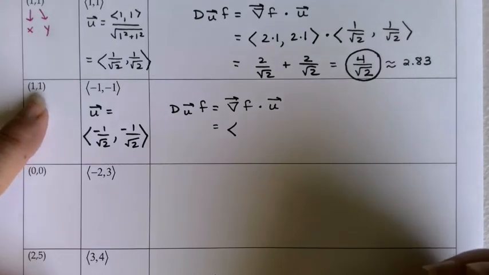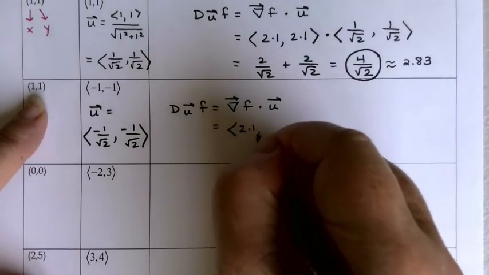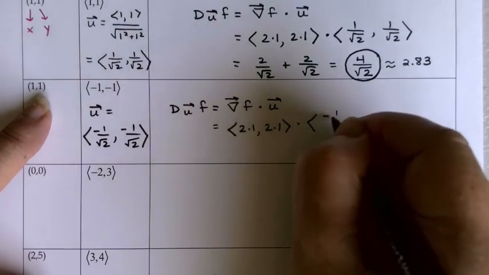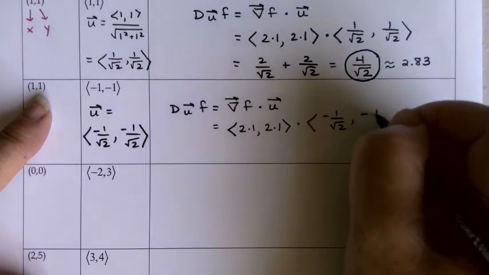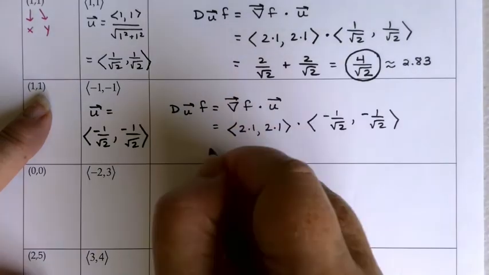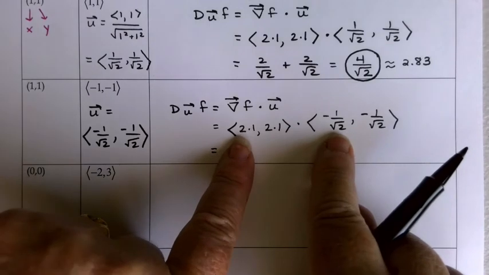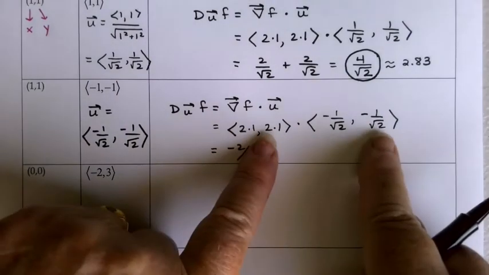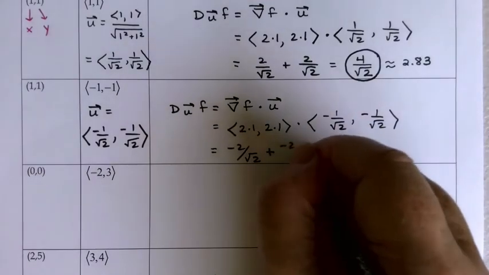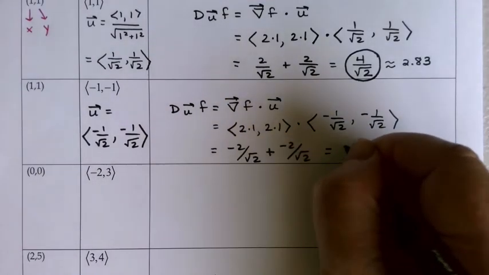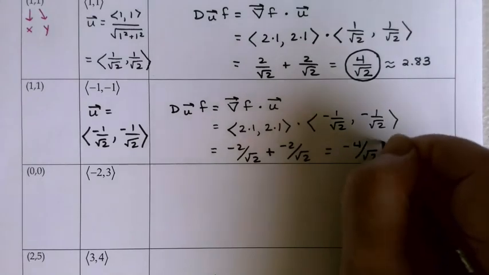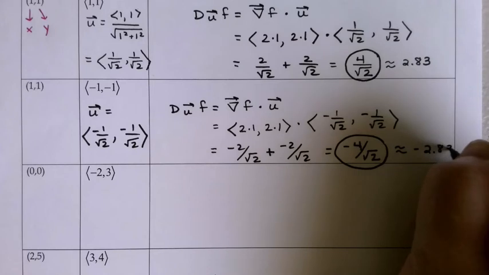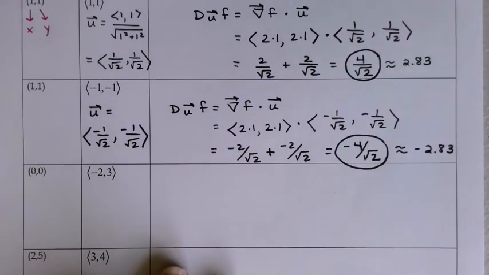This is still the x and the y, so still 2 times 1, 2 times 1. And then it's just my u vector that has opposite signs. So I'm going to get -2 over the square root of 2 plus -2 over the square root of 2, or -4 over the square root of 2. Approximately -2.83.